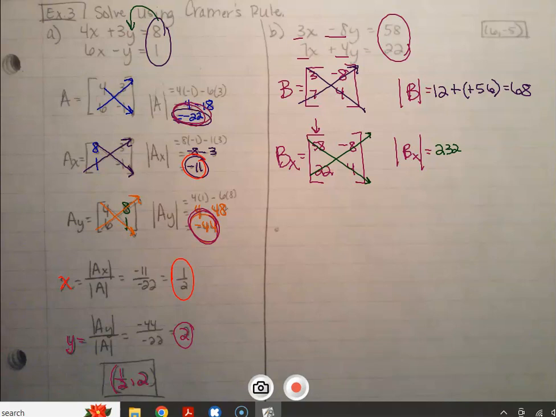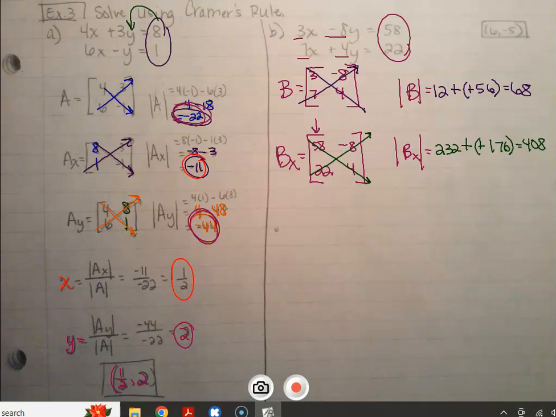22 times negative 8, so this is going to be minus negative 22 times negative 8 is negative 176. All right, so 232 plus 176, because this minus a negative is the same thing as plus a positive, equals 408.